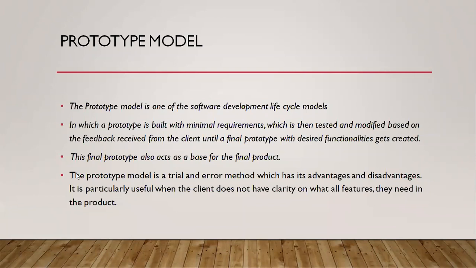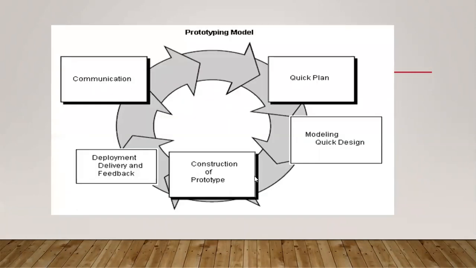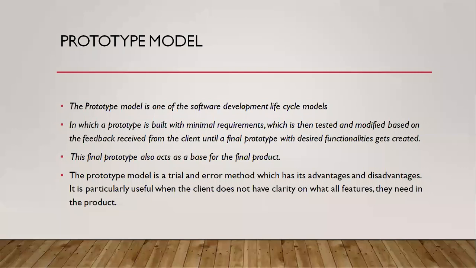See the fourth point. The prototype model is a trial and error method. Why? Because that is a new project, isn't it? For a new project we don't have any old versions or old things.